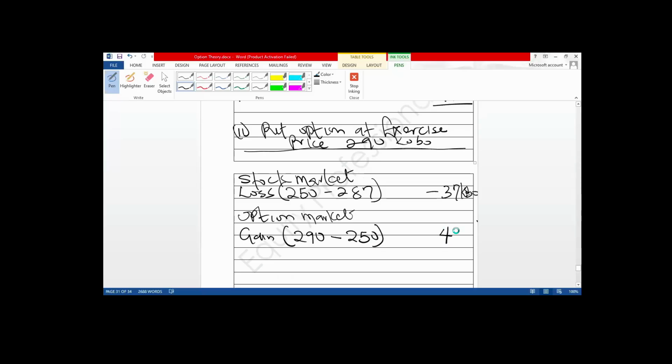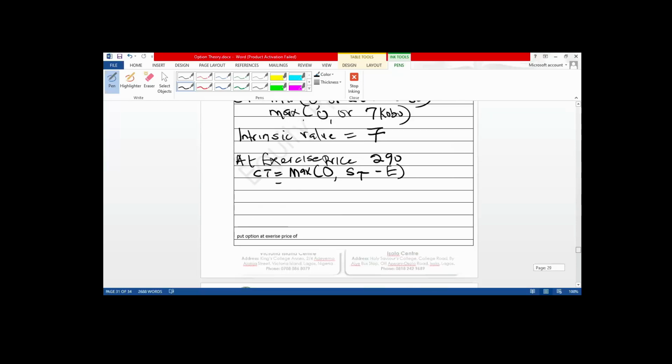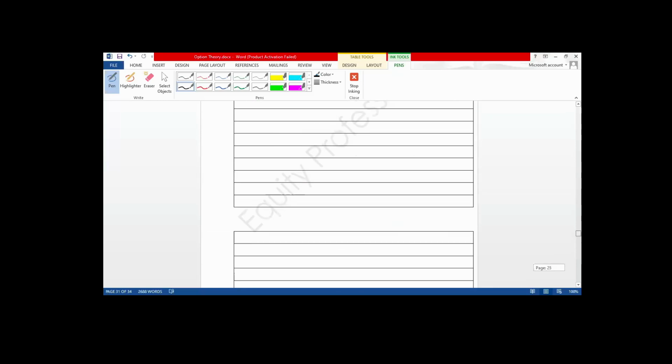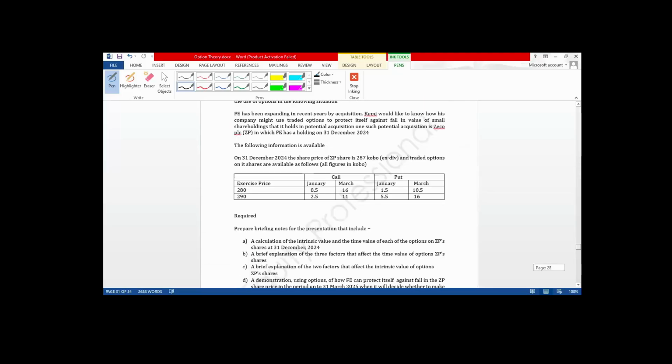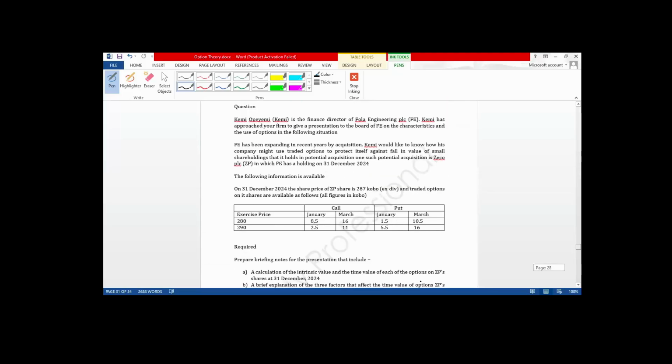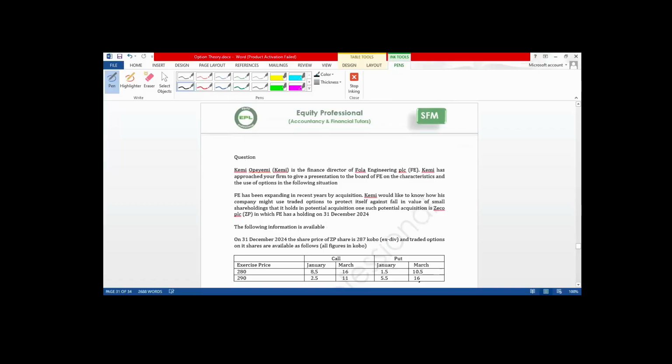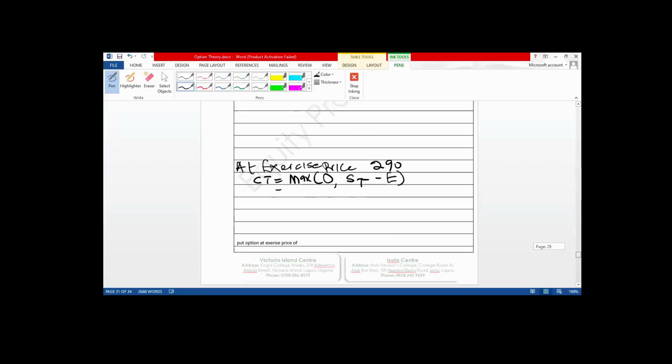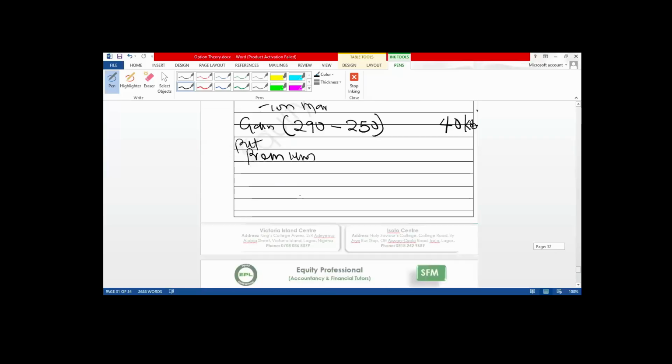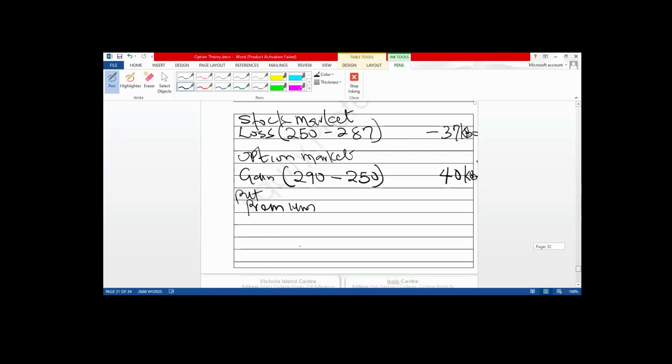You are going to make a profit of 40 kobo. But you must pay the premium. Put premium for March, exercise price 290. The premium is 16. Premium payable 16 kobo.